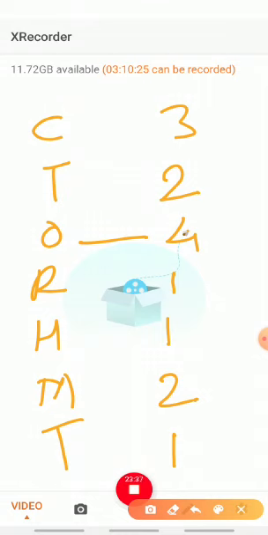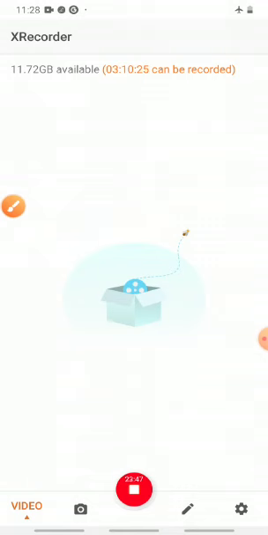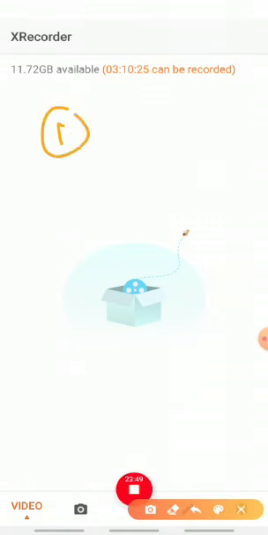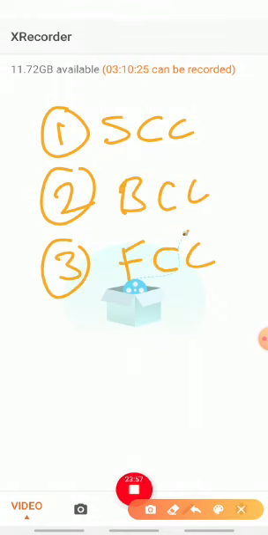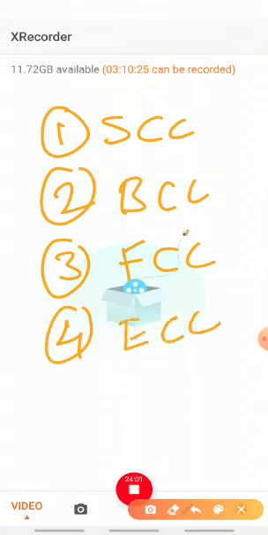The first one, cubic, the number is 3, which means it is of 3 types. What are these types which we already learned before this? First was SCC, second was BCC, third FCC, and fourth ECC.